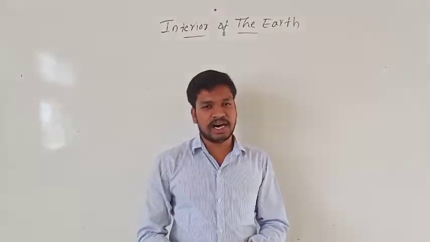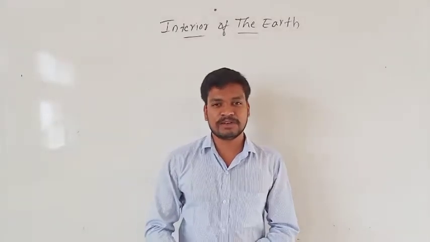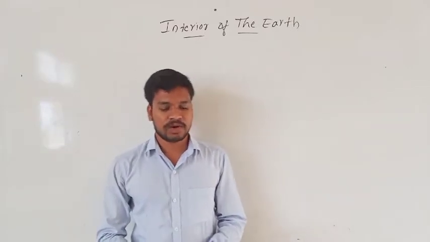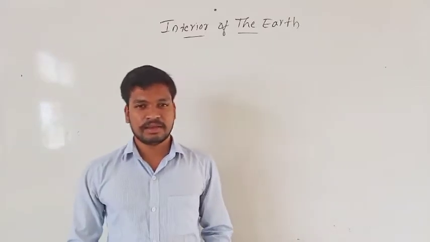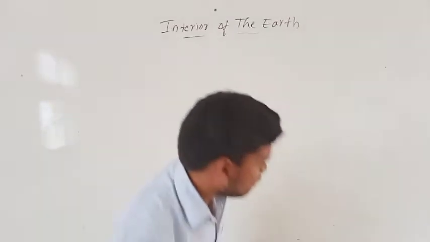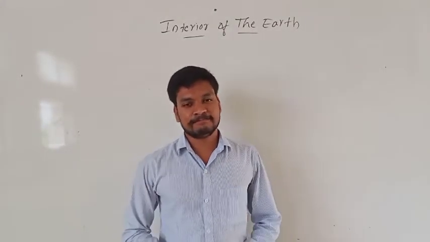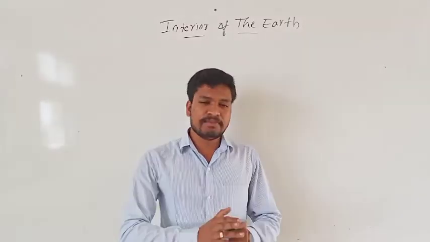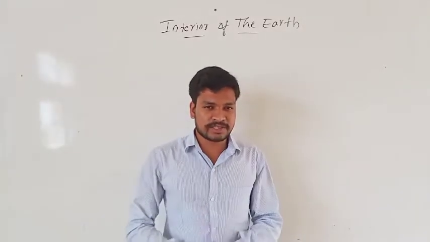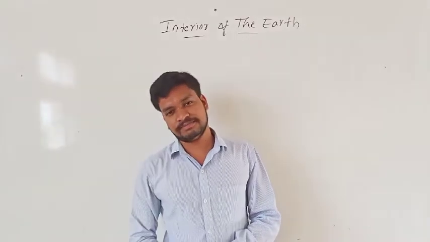Inside the earth, the interior of earth, is made up of three layers. What are those layers? Crust, mantle, then core. These are the three layers. So what is the name of the uppermost layer of earth? Crust. Good.